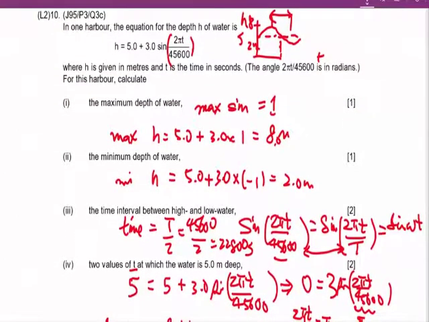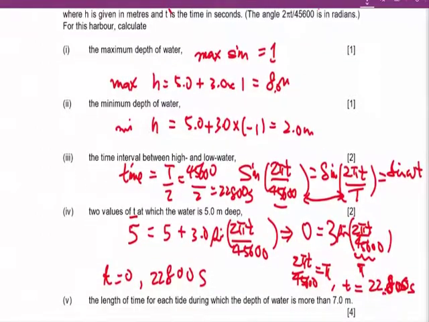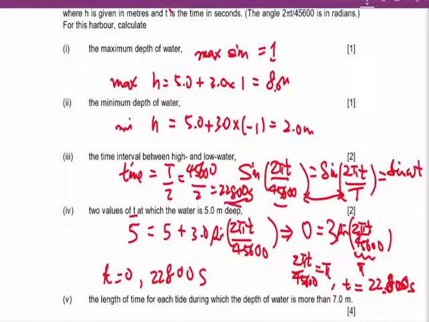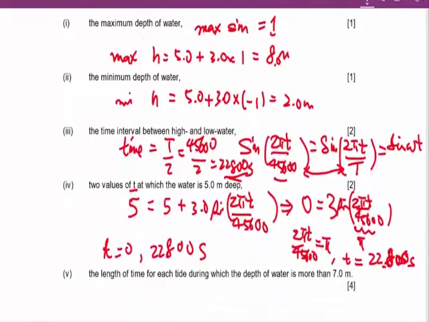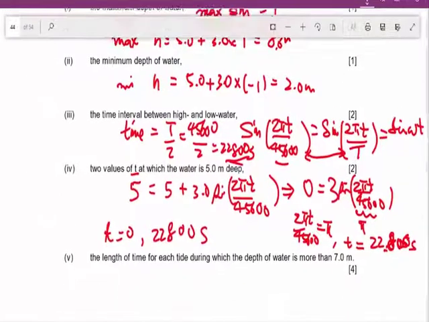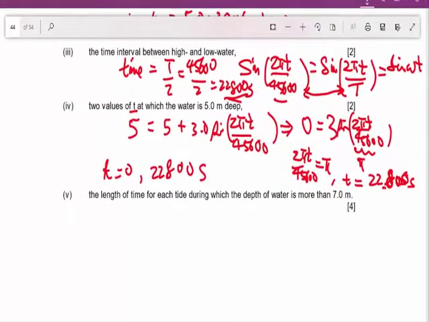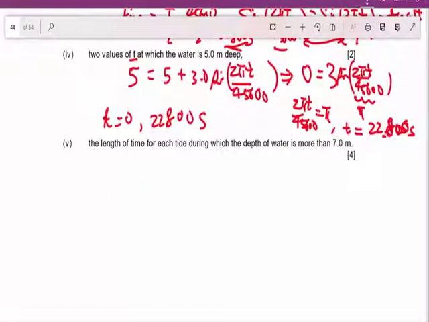That is half the period. It's the same answer as the previous interval. The previous one is the time interval, while this one is the time measured from the beginning. So these are the two possible times when the value of h equals 5.